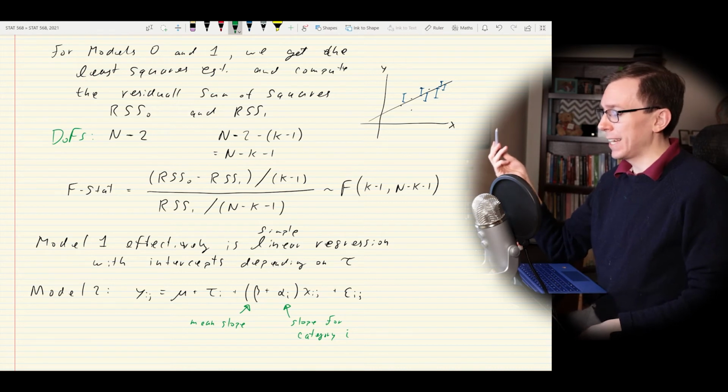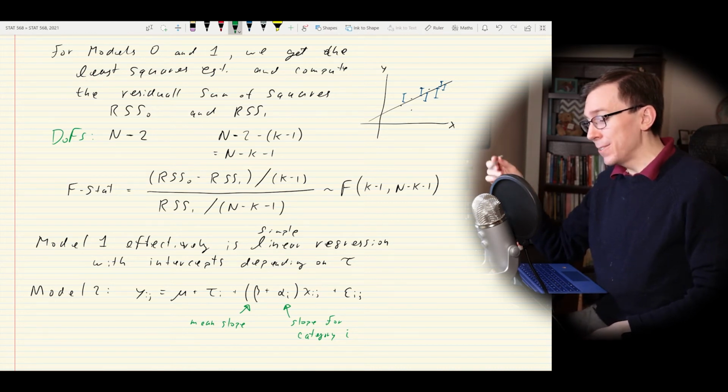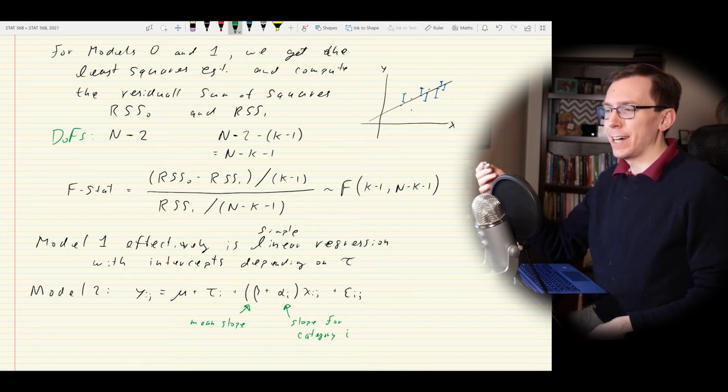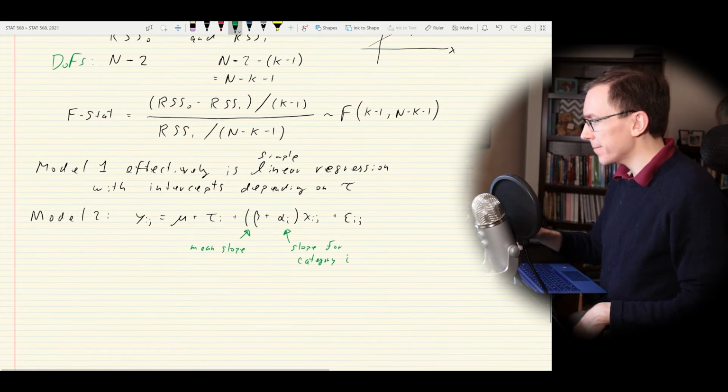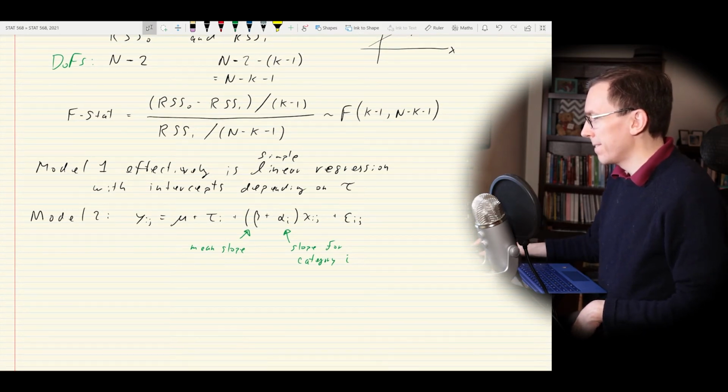So again, it's something else that can be considered, and you can test this model. You can test covariates affecting the slope as well for your lines. All right, so yeah, that's another way we can do this.